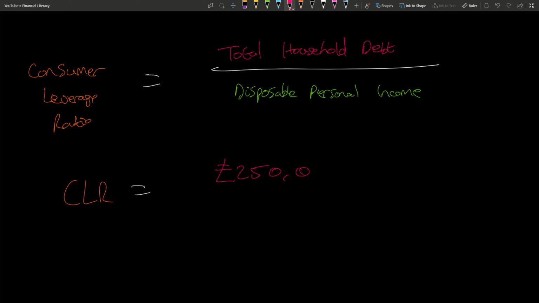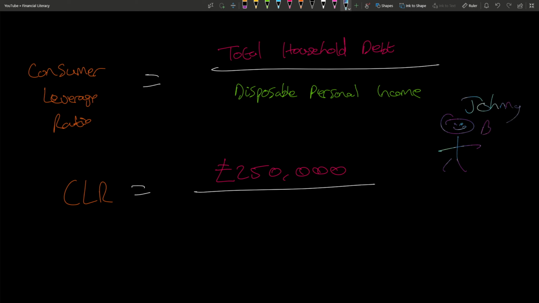£250,000. The actual currency is irrelevant in this scenario, it doesn't really matter. So let's say that's all they have. They have no other consumer debt, but if they do, you just add it all together. And let's say the disposable personal income for that individual, let's say lives on his own as well. Let's call him Johnny Boy.